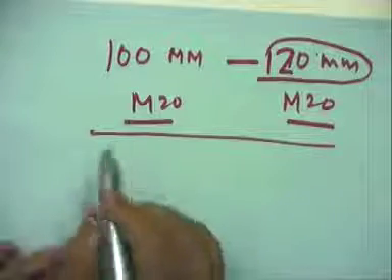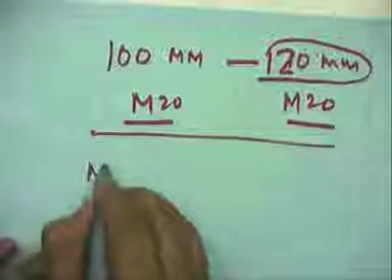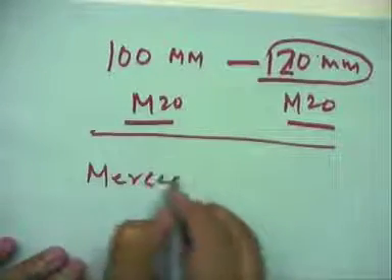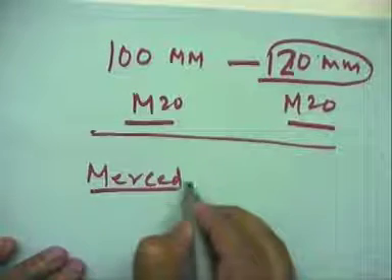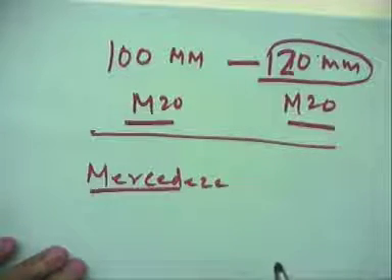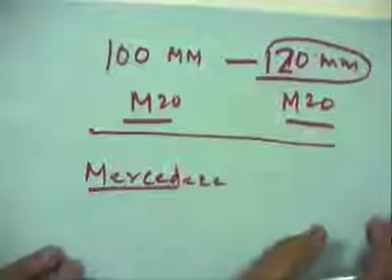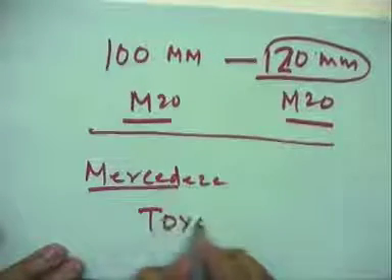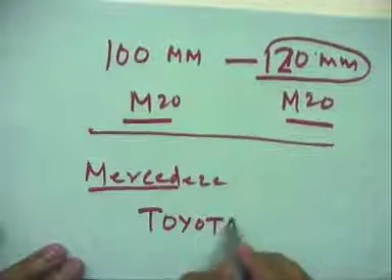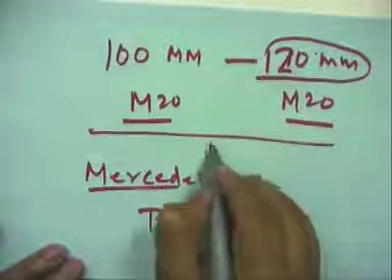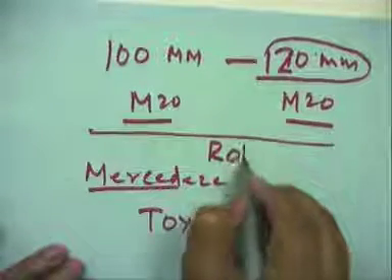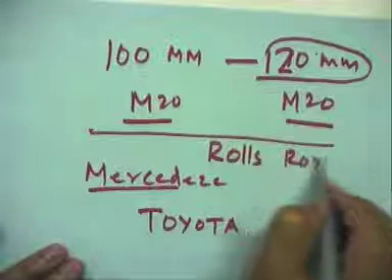Can you tell me two brands of car? Let's say there is one Mercedes. Okay? You have a Mercedes car, right? And then you have a Toyota car. And then you have, let's say, a very high-end car, Rolls Royce, you have heard of?